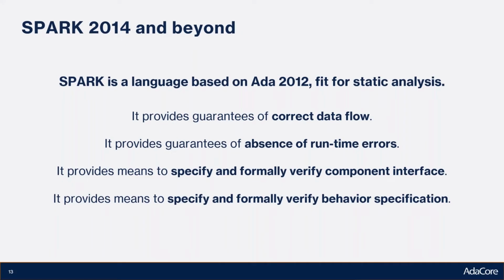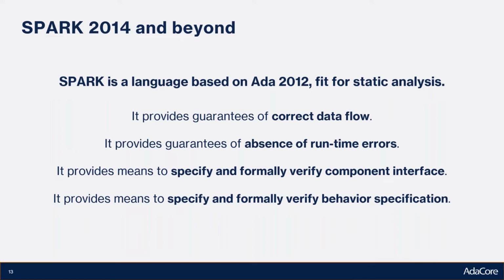When AdaCore talks about formal proof, we're pretty much talking about Spark. Spark is a language that's a subset of Ada, and it's rigorously defined to make it possible to thoroughly analyze source code. So if you use Spark, you get a guarantee of correct data flow.